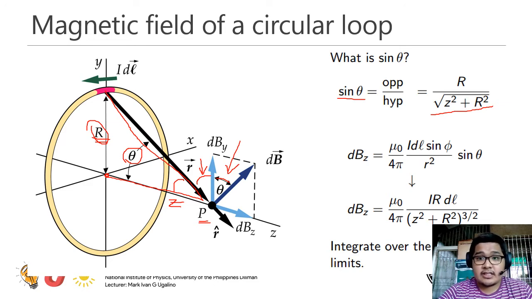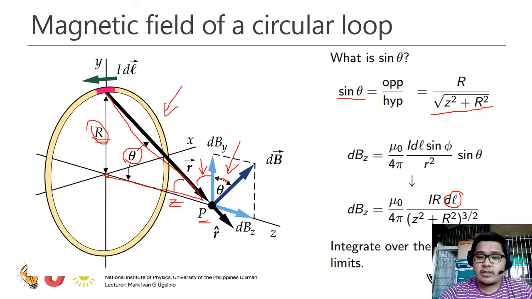This gives us an expression for dBz that is equal to mu naught over 4 pi IR dl over the square root of z squared plus r squared raised to 3/2. Now, in this case, the integration variable is dl. We are integrating about the whole length of your loop.